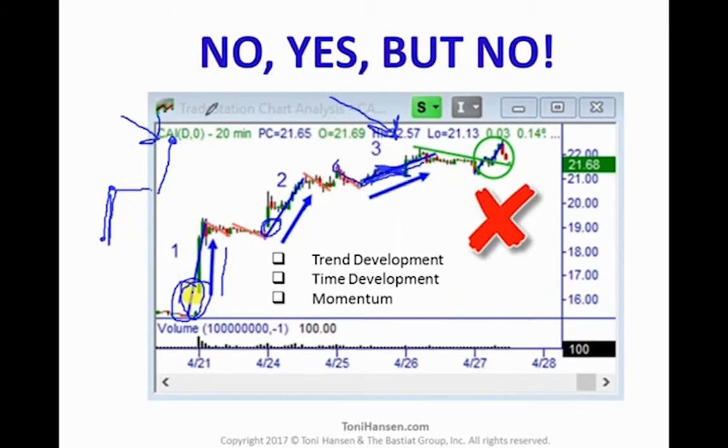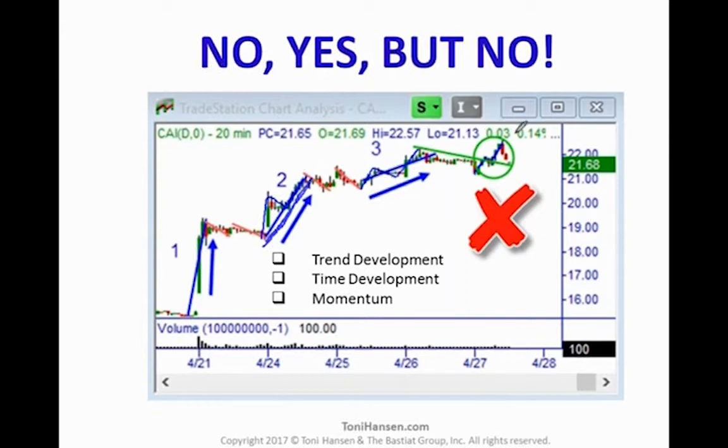Now, one thing that I want you guys to see here as well is that many of these upside moves also have typical trend development where we had two waves of upside within each of these larger waves. So the concept of 2 and 3 basically applies to any time frame.